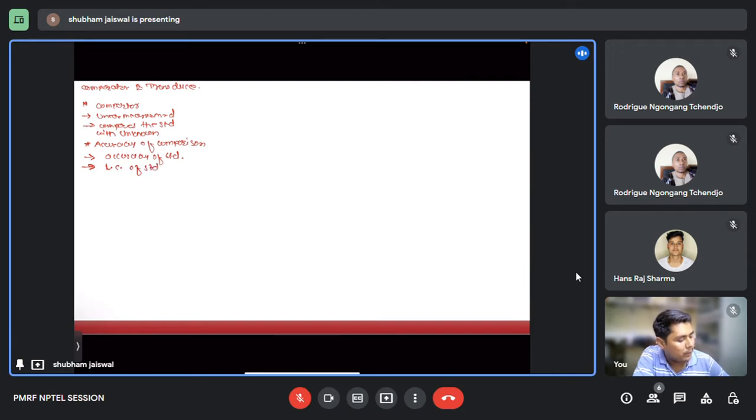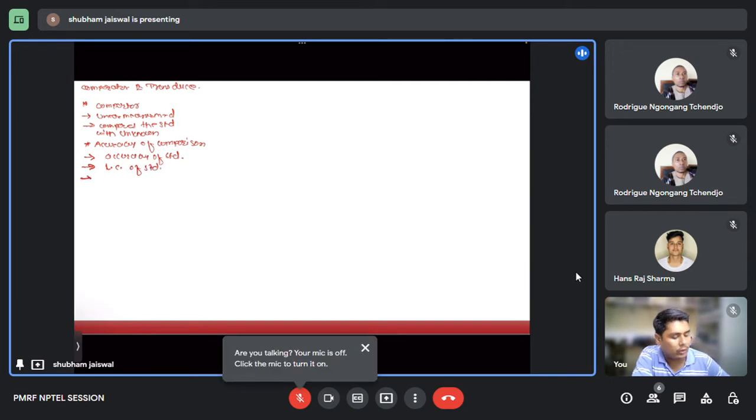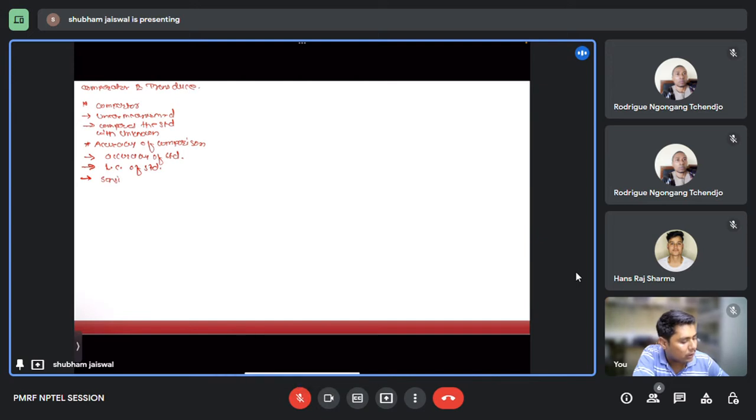If the least count is very low for the standard, then the comparison accuracy will be very high. Similarly, it will also depend on the sensitivity of the standard. Also, it depends on the accuracy of the reading scale, how accurate the reading scale of the comparator is.